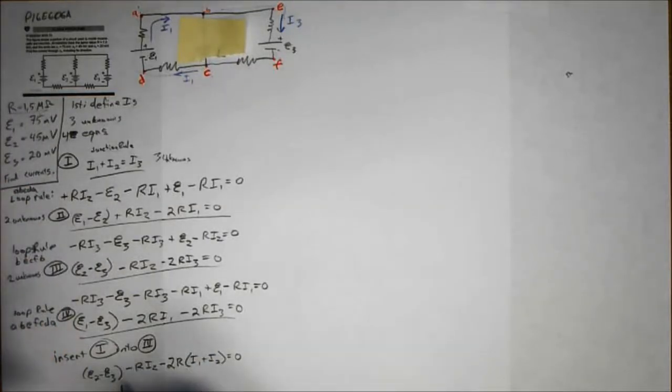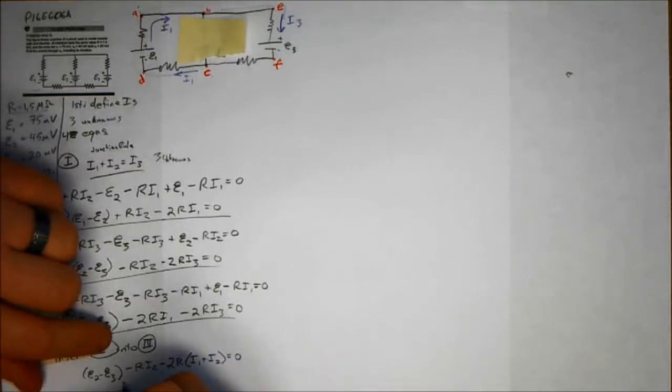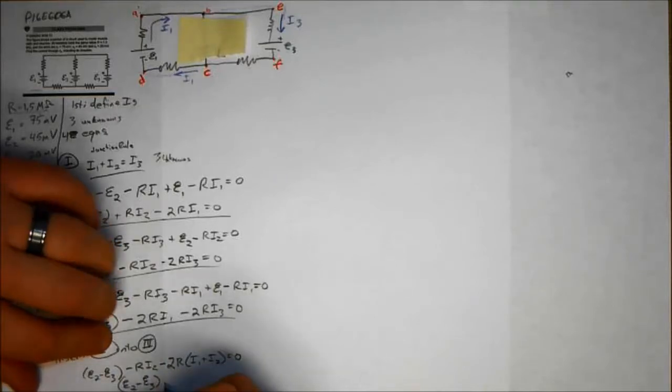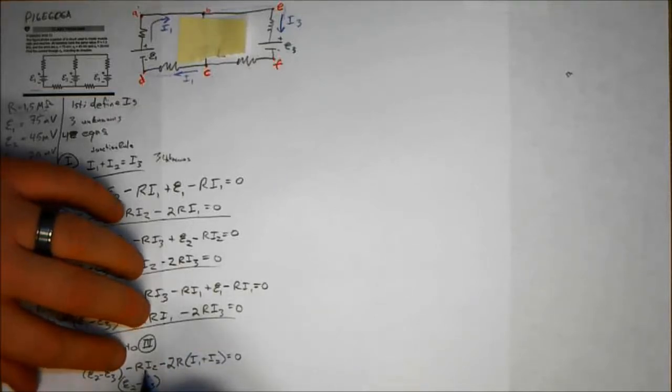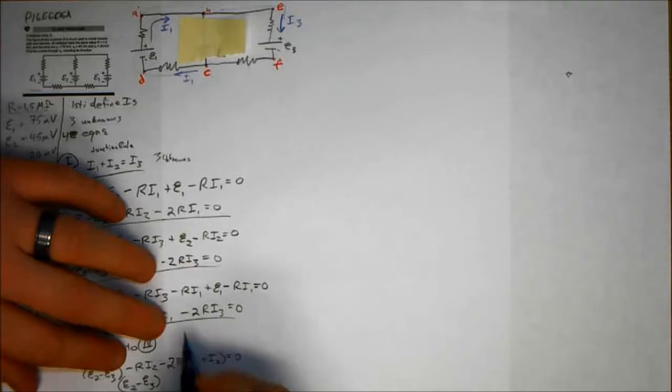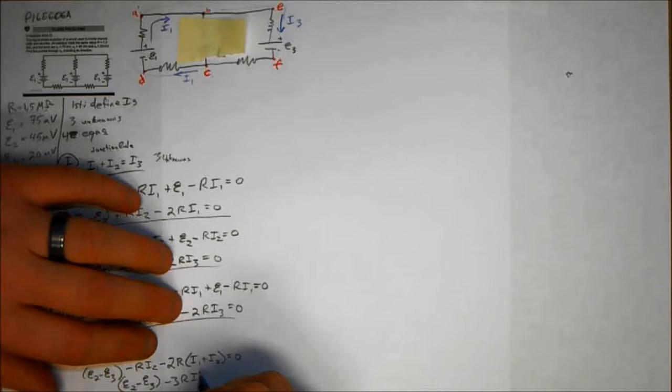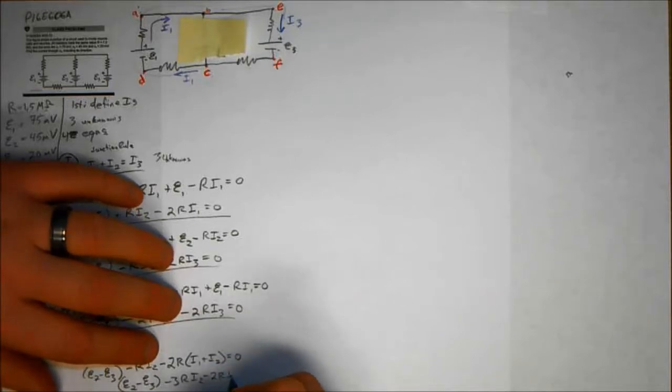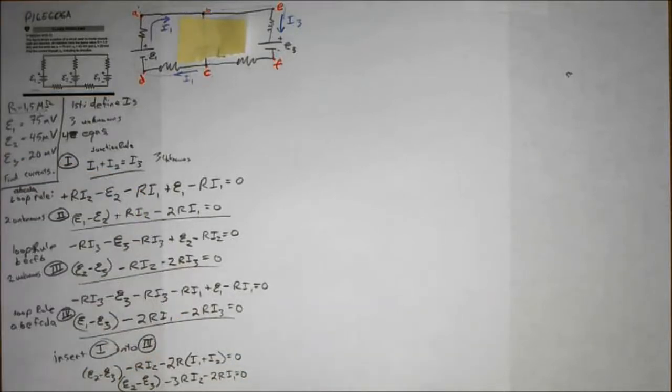Now I have to regroup the terms a little bit because I have an I2 here and an I2 there. So E2 minus E3 minus R minus 2R, so that's minus 3R I2 minus 2R I1 equals 0.